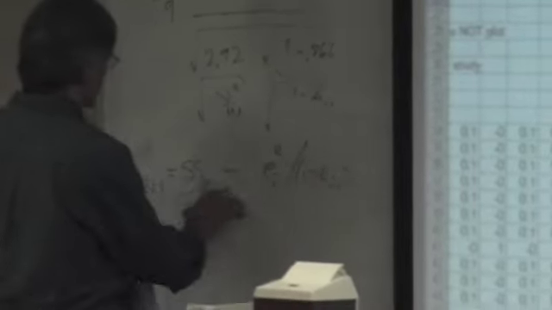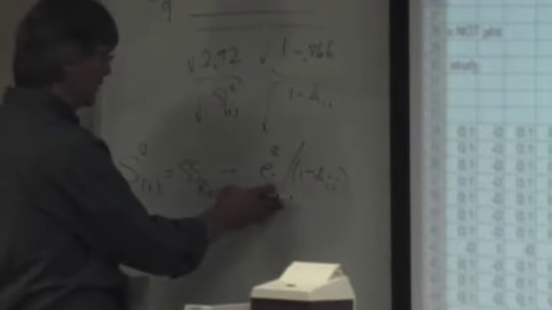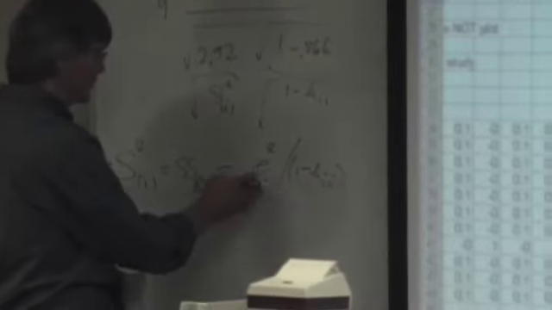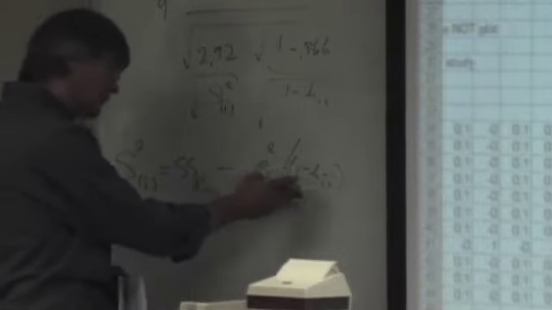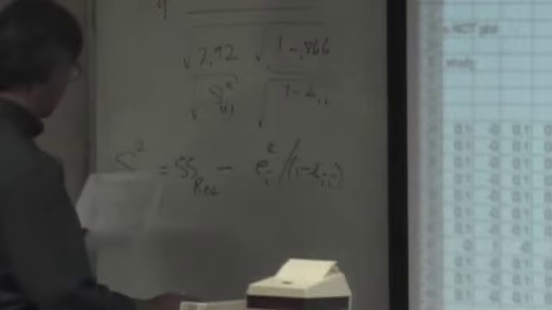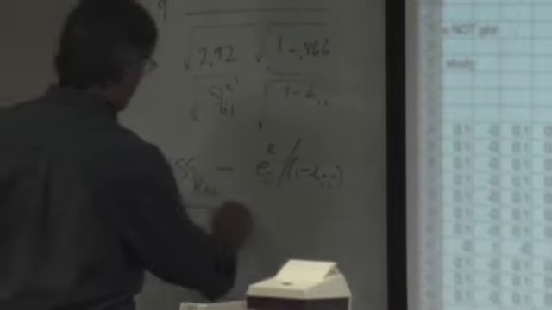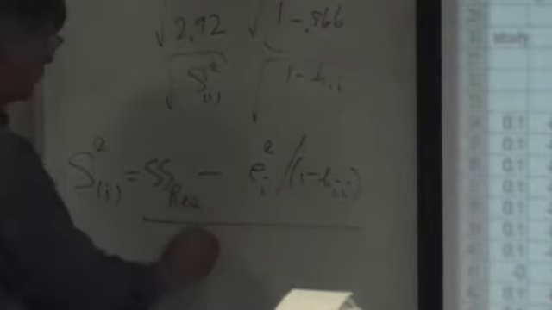You take the total error sum of squares, you subtract off the contribution contributed by the ith residual, except divided by this factor 1 minus HII. Then you divide by the number of degrees of freedom that would be left. You take 1 degree of freedom away, so this would be n minus p minus 1.